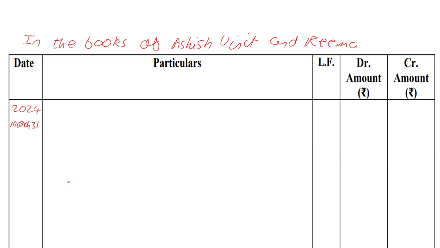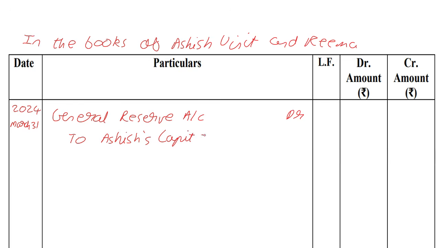Now, we have a general reserve. So the general reserve account gets debited to the partners. So to Ashish's capital account, to Vinit's capital account, and to Reema's capital account.